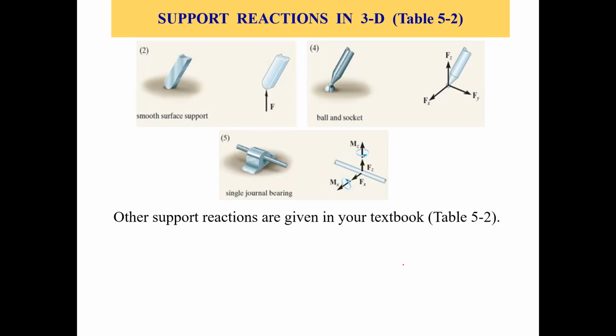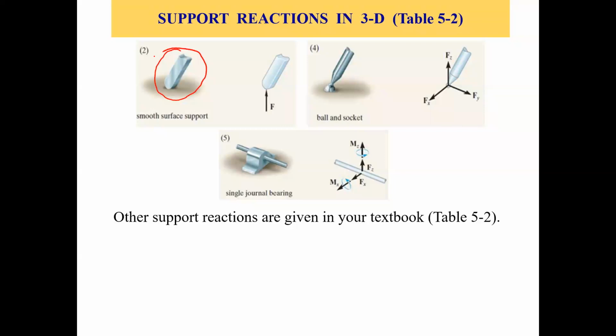So first of all, this number 2 on the top left, you can see a smooth surface support, right? So any object just resting on any surface, let's say ground surface, right? So this guy is resting on the surface, and the surface is acting as a support.